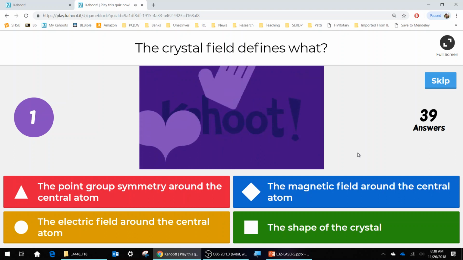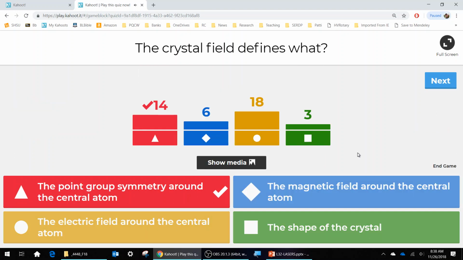It might affect all of these, but what are you using it for? You're using it to find the point group around the central atom. So if we put a metal atom in an octahedral crystal field, we have 6 identical things around it, then that's going to be an octahedral point group. So that's what we mean by crystal field. What's the point group around the metal?